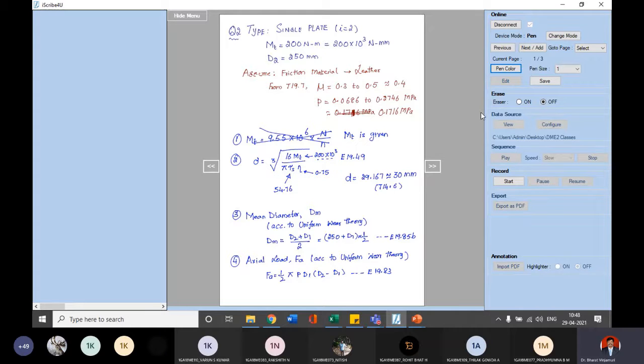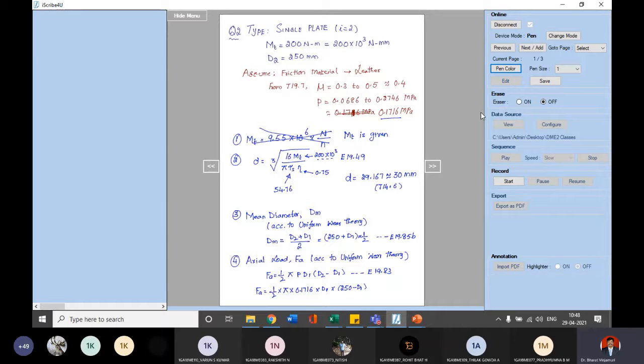Once you have this, substitute back the values. FA is equal to half pi, pressure we have already calculated, 0.1716, multiplied by D1 multiplied by (250 minus D1). Let it be 250 minus D1 as it is.